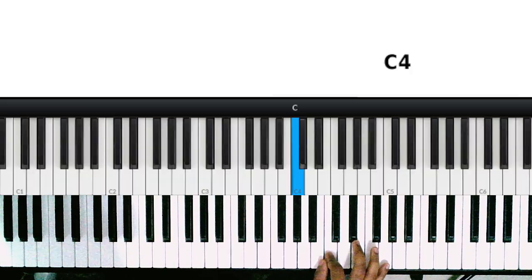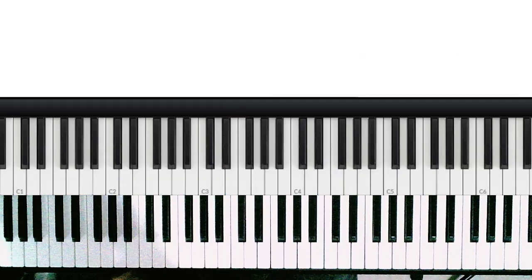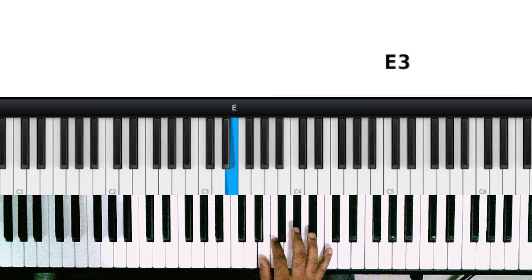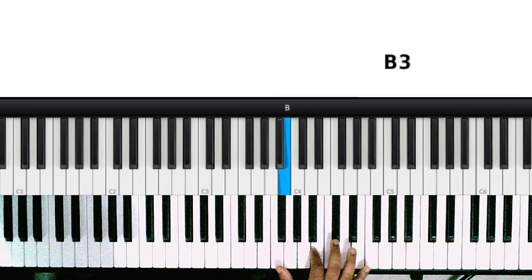So between B and C is a semitone, and 3 to 4, E to F. So this works in any key. Your 3 and 4 are always a semitone.